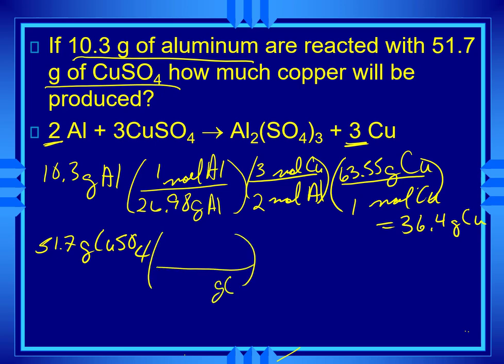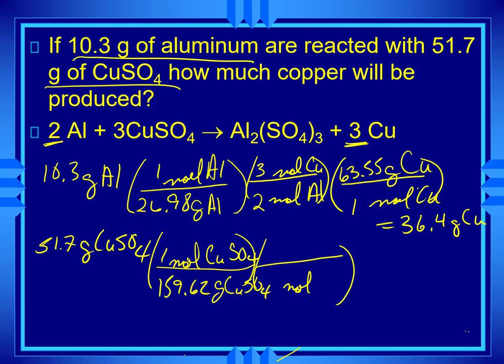I need to get rid of grams of copper 2 sulfate. Change that to moles of copper 2 sulfate. And 1 mole weighs 63.55 plus 32.07 plus 64. Doesn't help if you multiply. You get 159.62. Then I want to get rid of moles of CuSO4 and change it to moles of Cu.